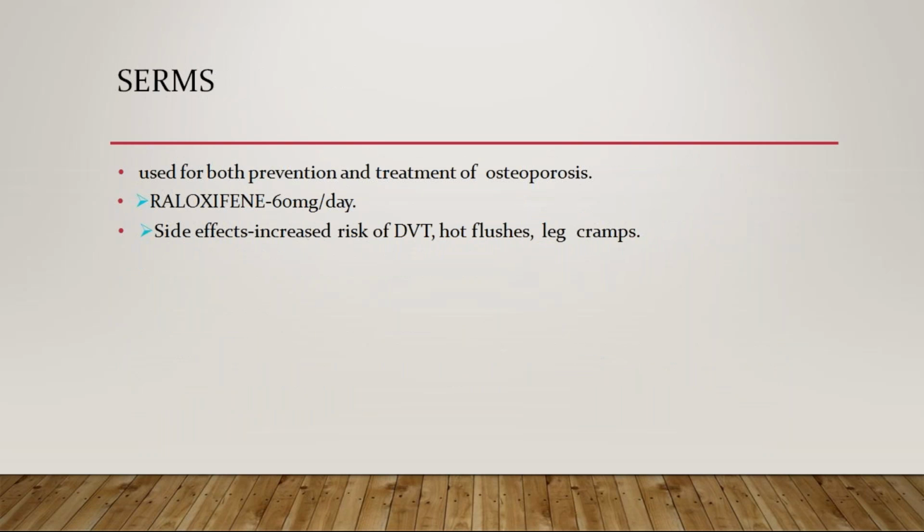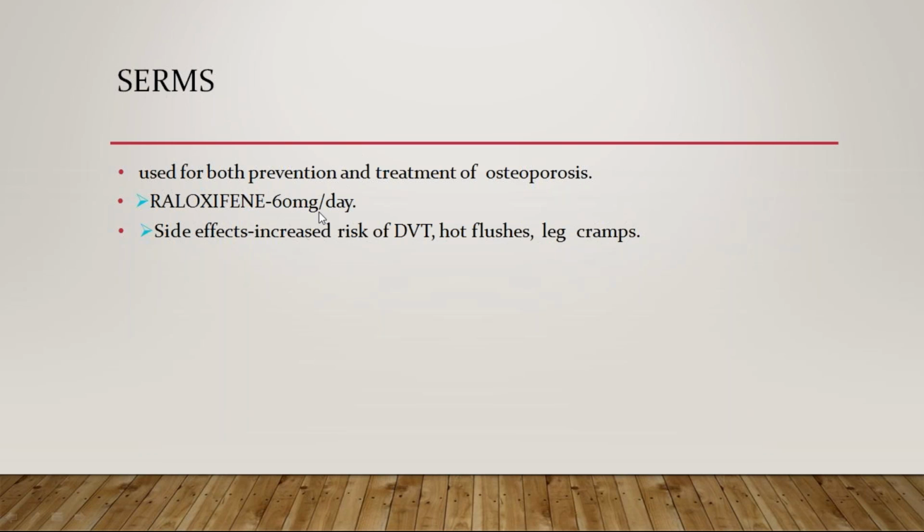Okay. Next, come to selective estrogen receptor modulators, that is raloxifene. Any patients who are contraindicated for bisphosphonates and contraindicated for hormone replacement therapy, all these patients we can go for this selective estrogen receptor modulator, raloxifene.